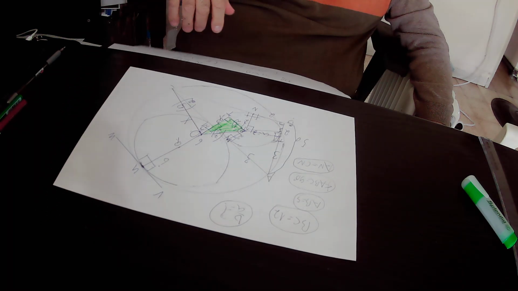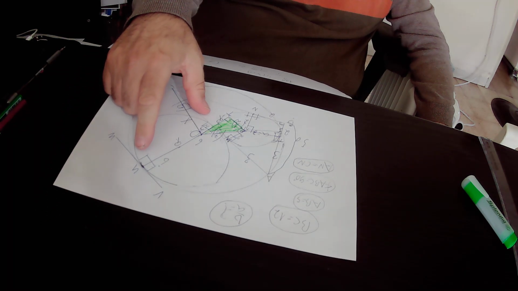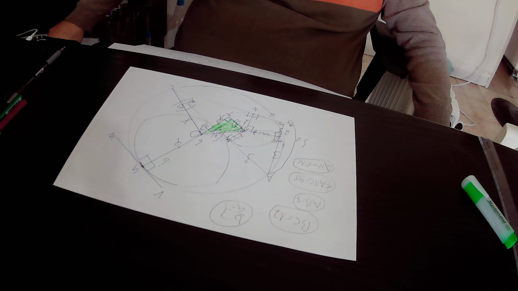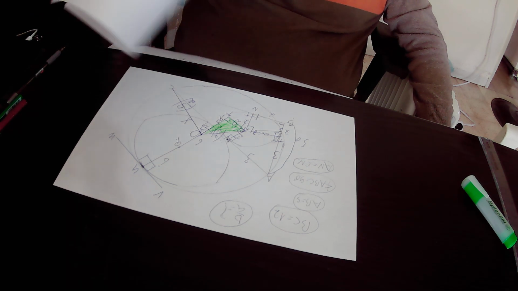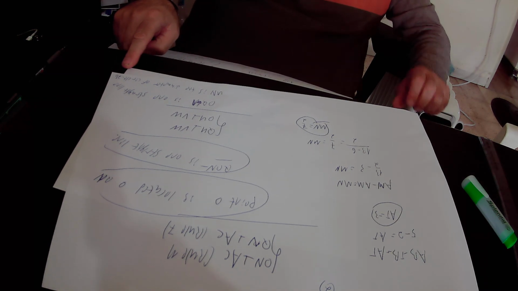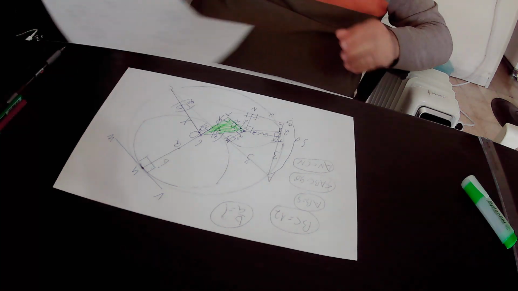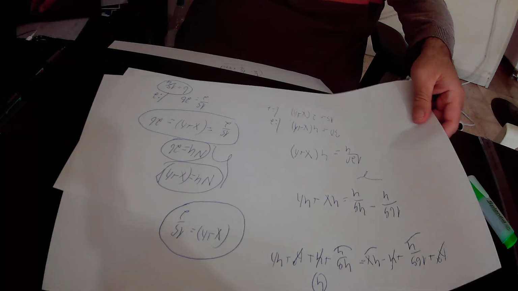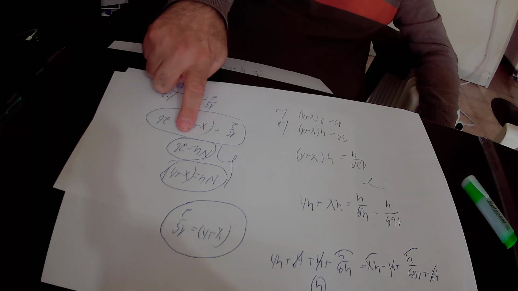But I already showed you that UN is the diameter of this circle, which equals 2b.